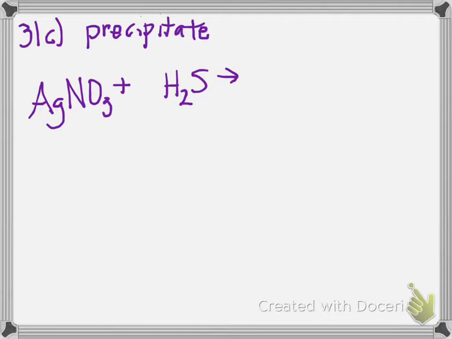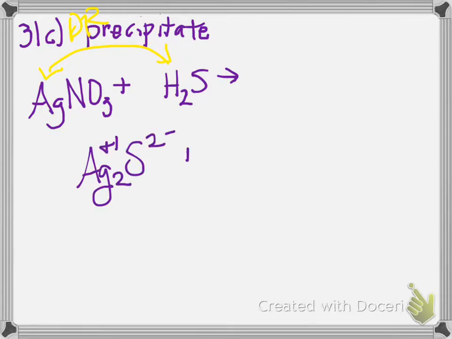Letter C, again, we're looking for the precipitate. Once again, this is a double replacement reaction. Silver and hydrogen are going to swap partners. So silver's partner is now sulfide, and hydrogen's partner is nitrate.